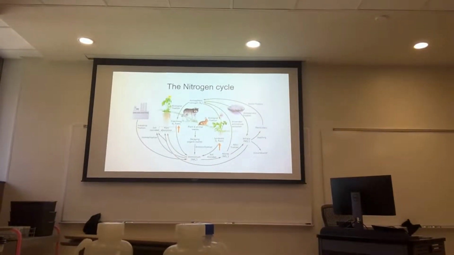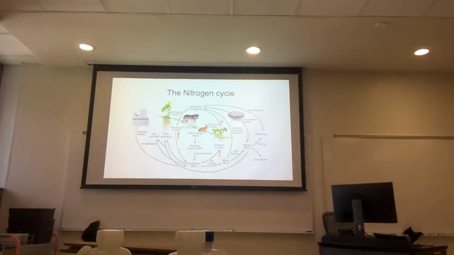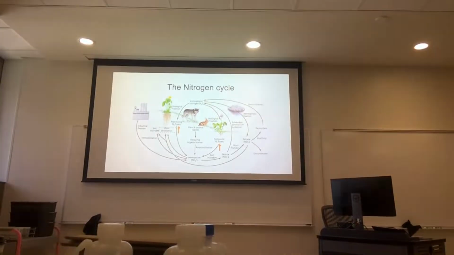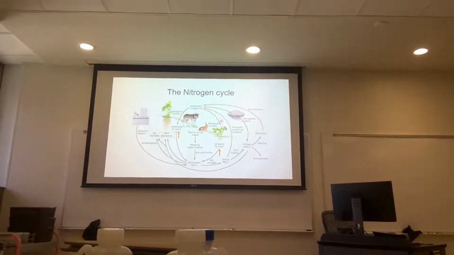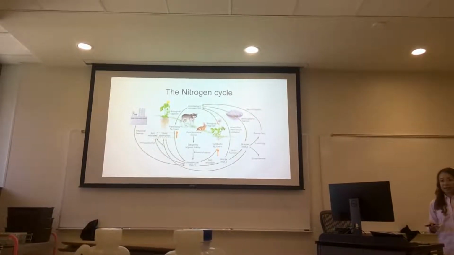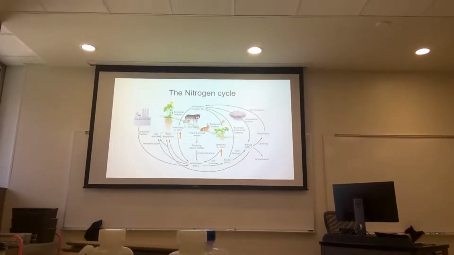So how do you basically put nitrogen into the plants? We said that the main reservoir of nitrogen is atmospheric, it's in the air. So one of the limitations is how do you get that nitrogen in the air to be accessible to the plants?